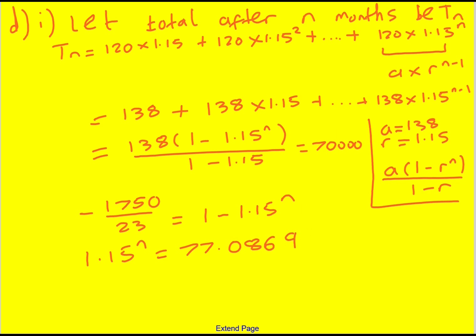You can either do log to base 10, but you can actually go straight for it and just do log to base 1.15, up to you. If you do log to base 10, you then have to divide by log to base 10 of 1.15 from the left.